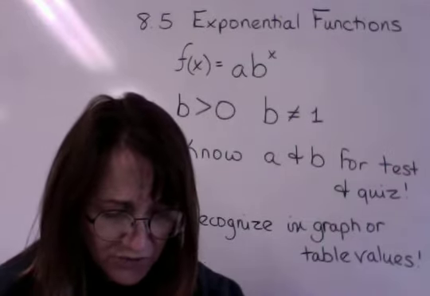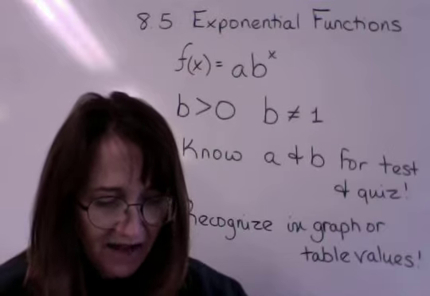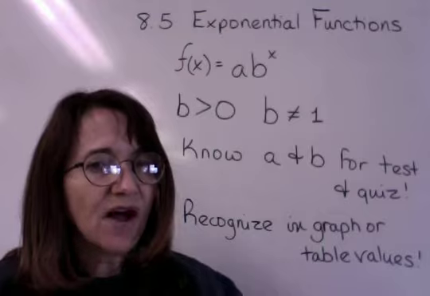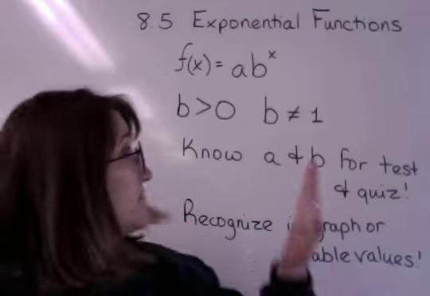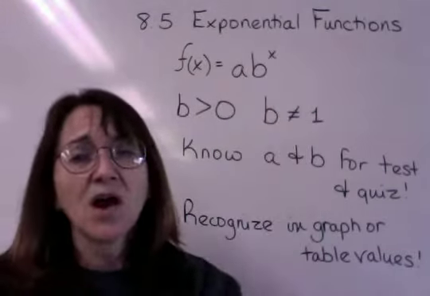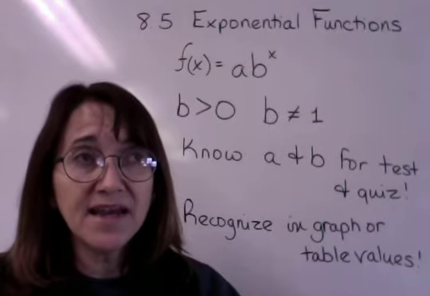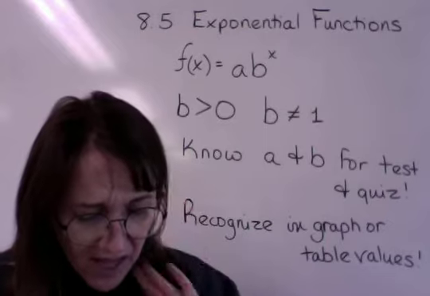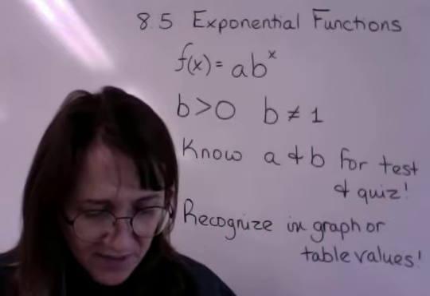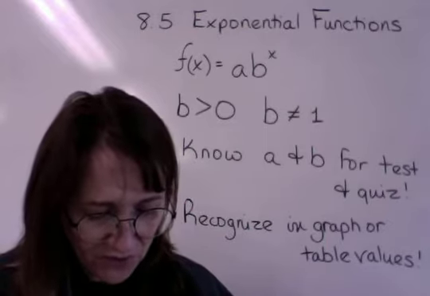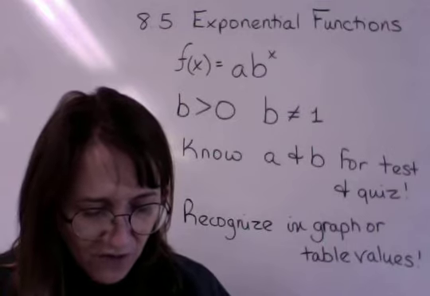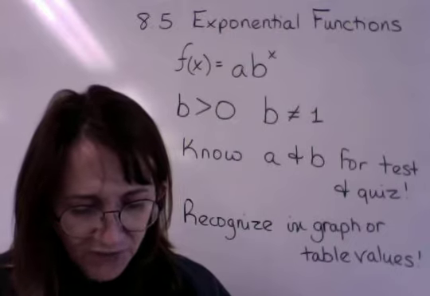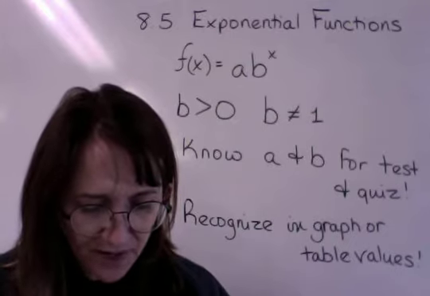Now, go to the little statement after example 2, because that's where we talk about how, if I look at an exponential function, and this is on your test, I can figure out what a is and what b is. So how does the curve of y equals a times 2^x differ from y equals 2^x?